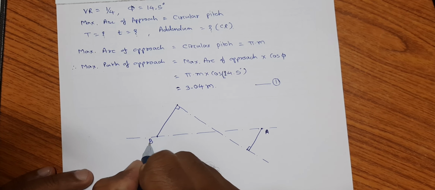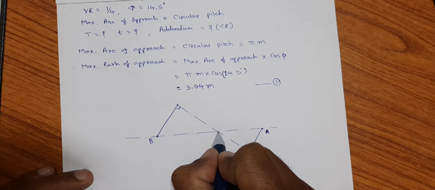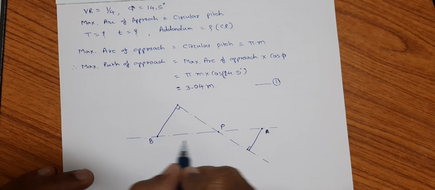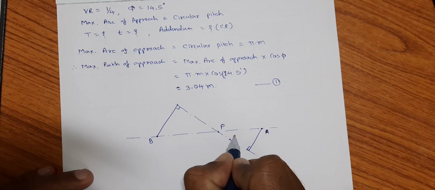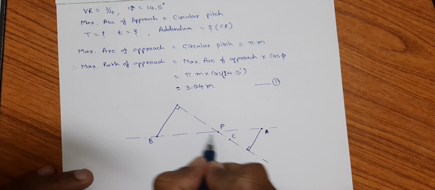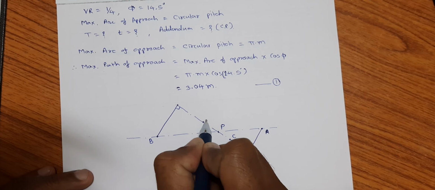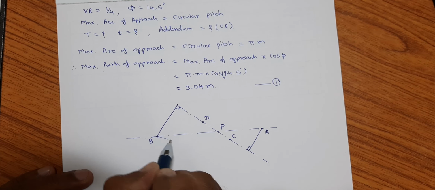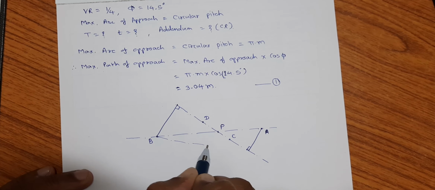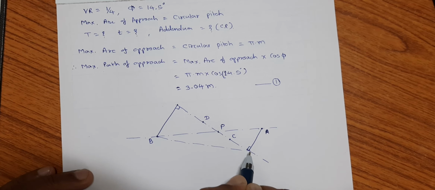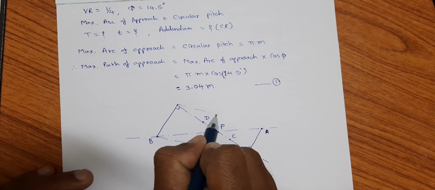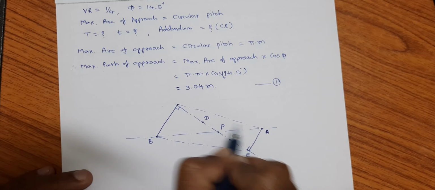This is center B of gear. This is pitch point P. Let us say this point C, that is start of engagement, and this point D, that is end of engagement, and this point E and this point F.